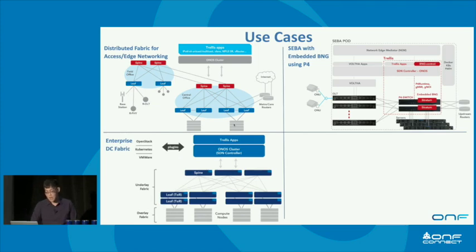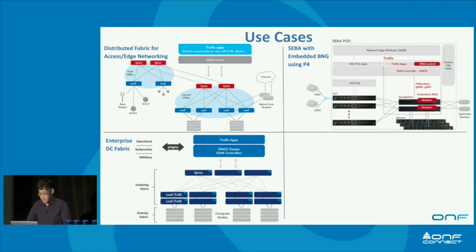Another use case is that Trellis can also be used as an enterprise data center fabric. In a typical data center, you're going to have many servers, and you're going to run virtualization such as OpenStack or Kubernetes. They all have their own overlay network. For example, OpenStack has a Neutron plugin, and Kubernetes allows you to write a CNI plugin.